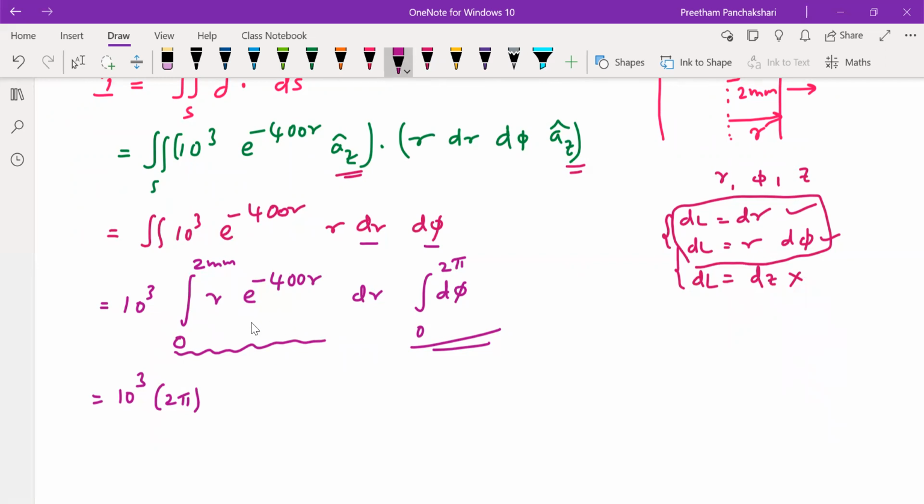We can use the product rule for the integration of r and e power minus 400 r. But I'm going to use Bernoulli's method, by which you can directly get the answer for this integral. According to this, the non-exponential term, that is r, should be kept the same without any change, and the decaying exponential term should be integrated, divided by minus 400.